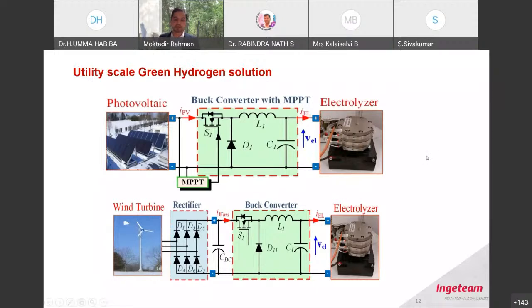You can use the electrolyzer to charge a system, and later on you can use it. So this is a new solution, and it is currently in the market. There is more research needed on how cost effective and technically viable this solution is.